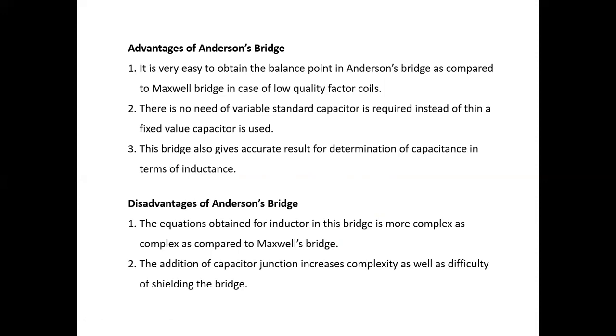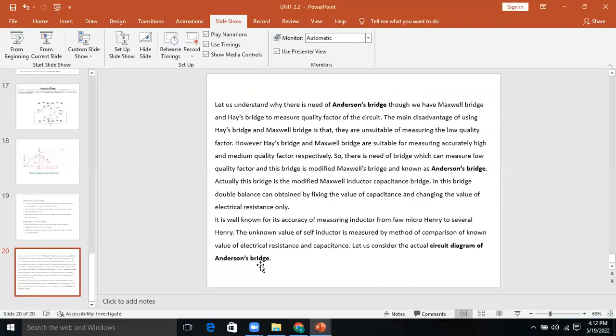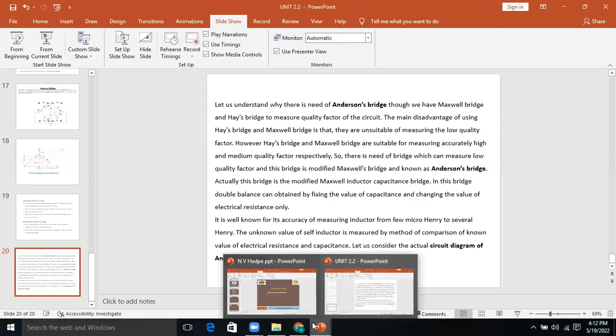The disadvantage is that the equation obtained for the inductor is more complex. The addition of the capacitor junction increases complexity as well as the difficulty of shielding of the bridge. This is the Anderson bridge. Okay, thank you.